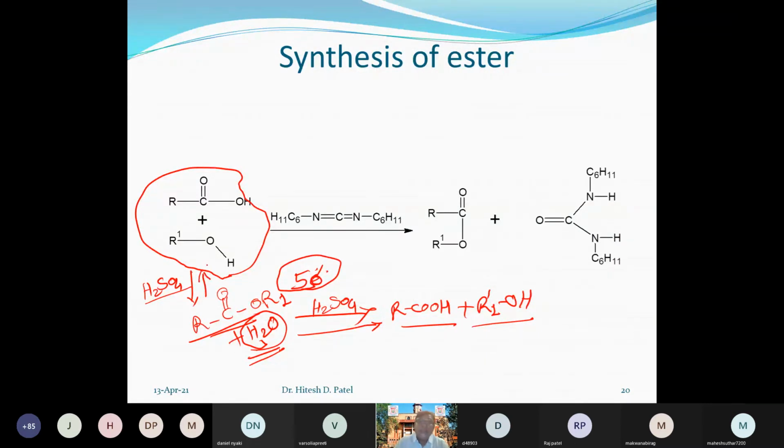So to avoid such a problem we have to use a reagent, its name is DCC, dicyclohexylcarbodiimide. We will discuss in detail how this reagent is involved in the reaction, what its mechanism is, how we can recover it, and how it acts as a reagent, not as a catalyst.